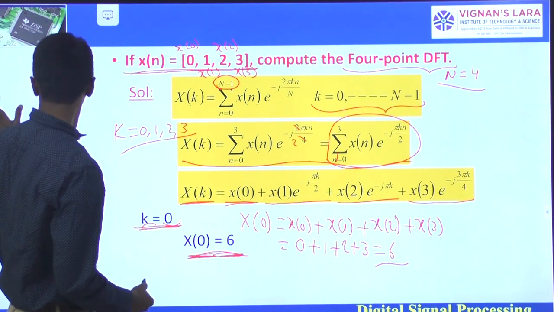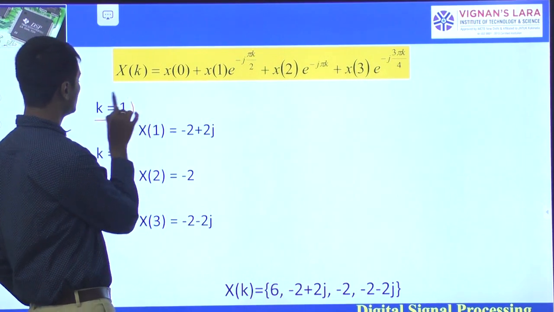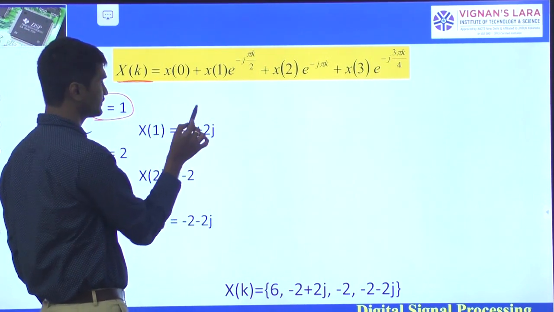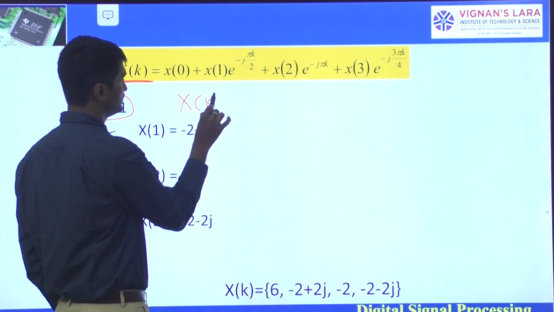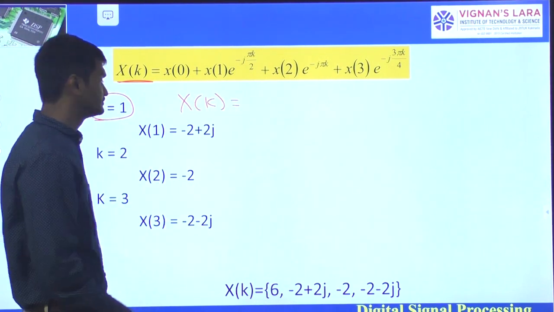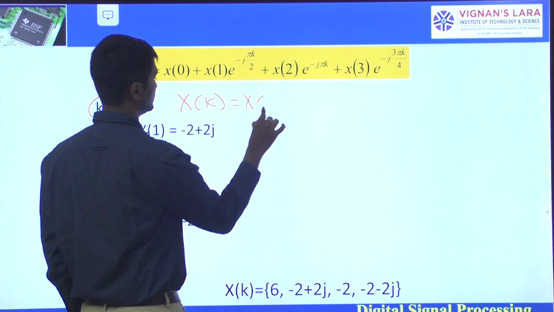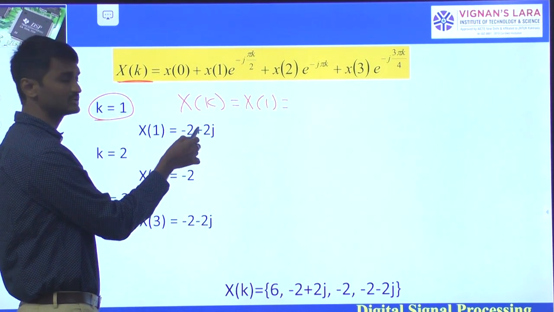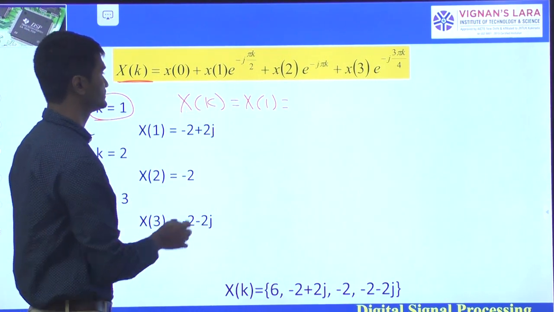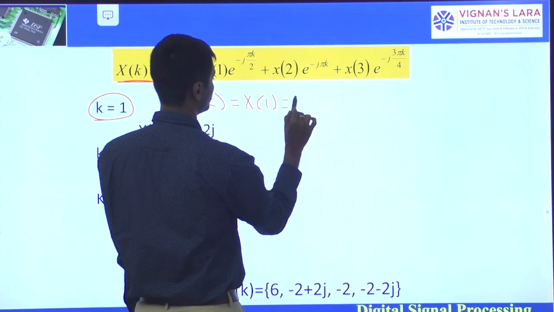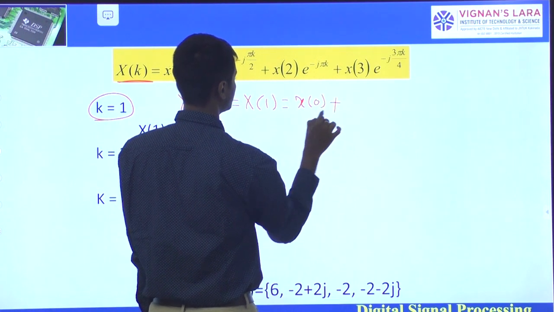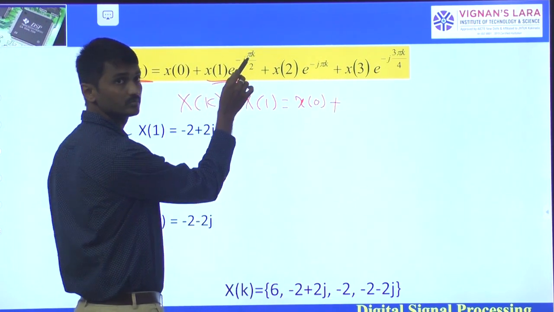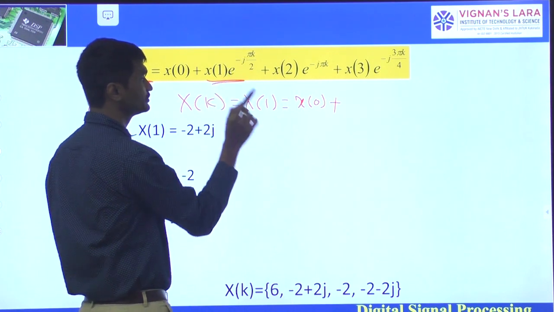Okay. Next, for k equals 1, then X of k is equal to what? That is X of 1. X of 1 is equal to what? X of 1 equals minus 2 plus 2j. But how is it? It is x of 0 plus, see, x of 1 into e power minus j pi into k, k is 1, pi into 1 by 2.